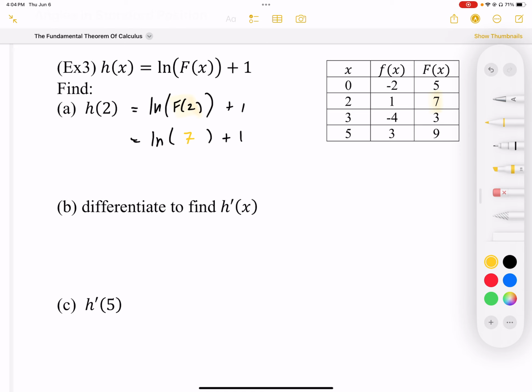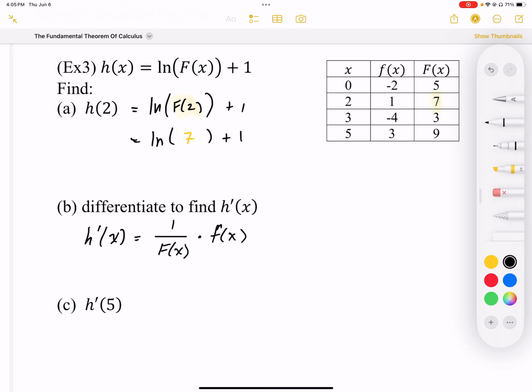This expression we can differentiate. Since it's an embedded function, we have to apply the chain rule. So if I want to find h prime, that's going to be the derivative of log, the outside function, 1 over big F. But because big F is embedded, I need to find big F prime. The derivative of big F is just little f.